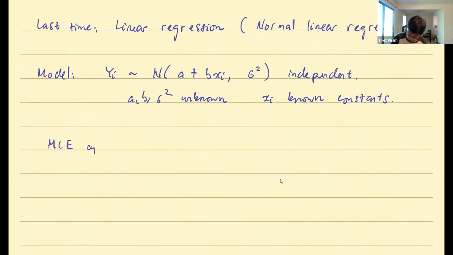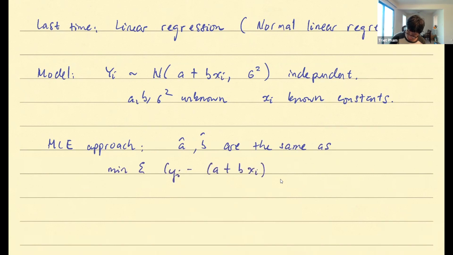So we do the MLE approach, and we observe how the a hat, b hat MLE give the same answers as when you try to minimize the sum of yi minus a plus bxi, squared.